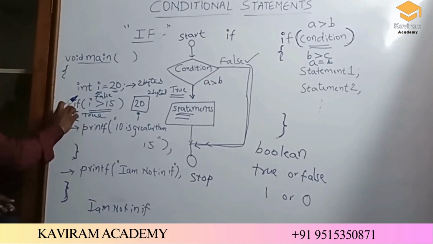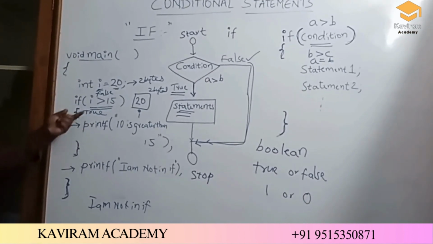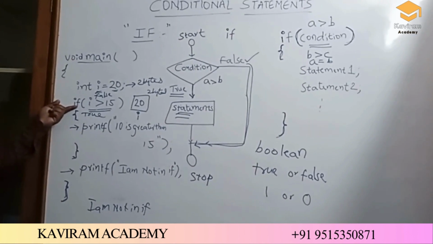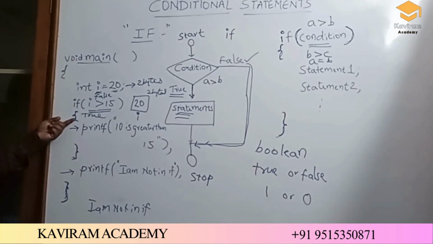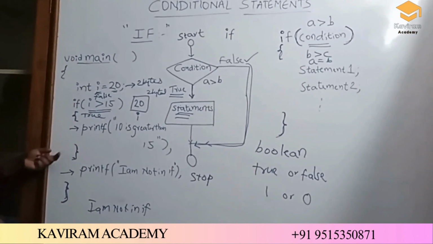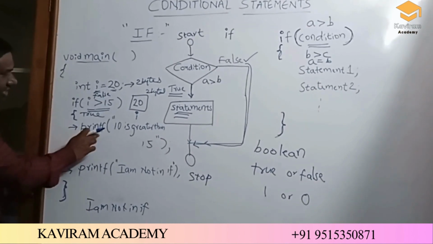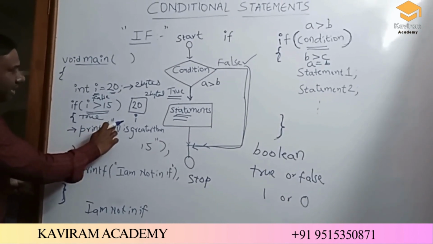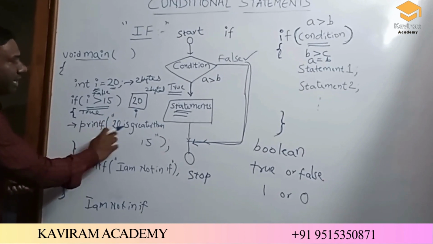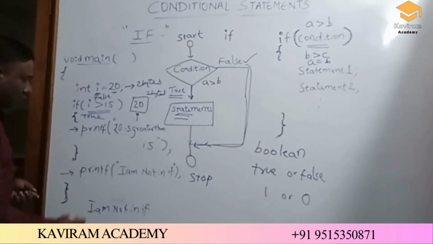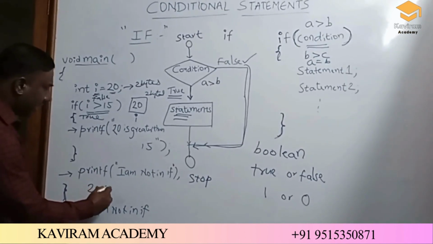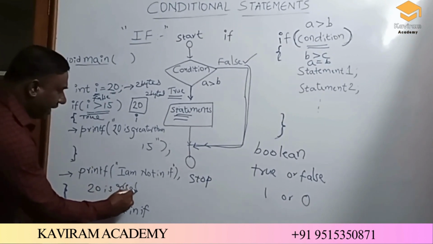Whenever your C processor sees a true boolean value from your if case, it is going to execute the statements present in my if. So it is going to execute the statement printf, here I am writing 20 is greater than 15. So the output is 20 is greater than 15.